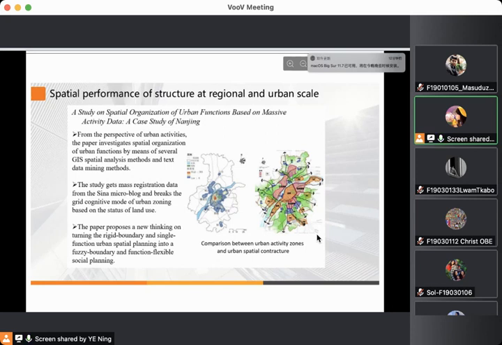Okay, it's very important. We should combine the spatial and the temporal together.